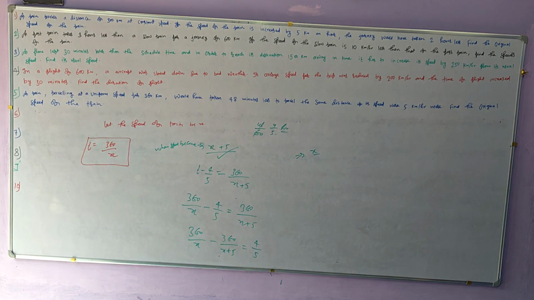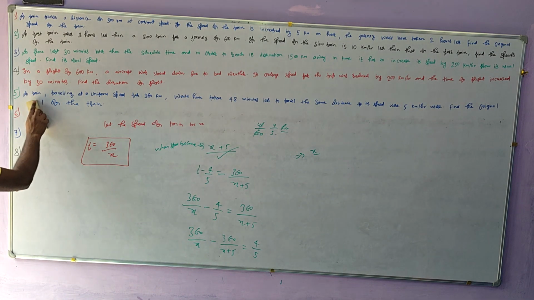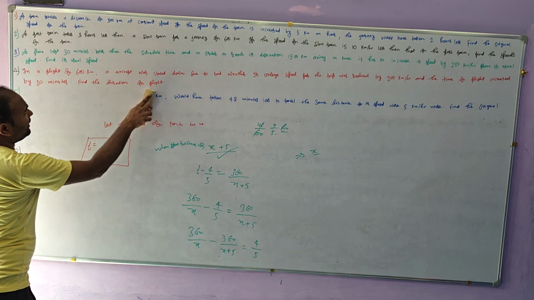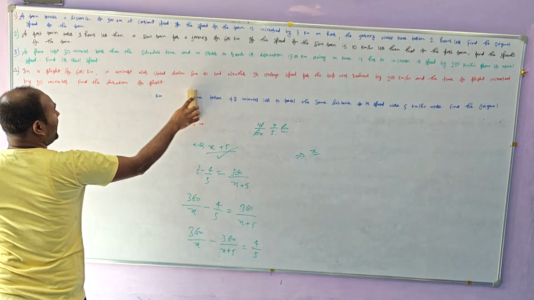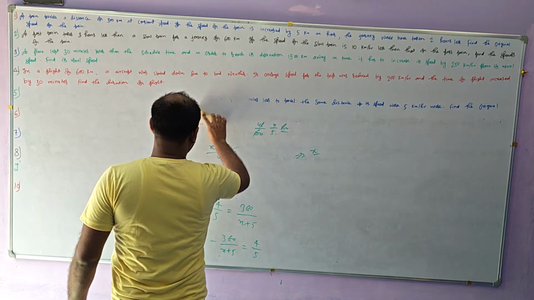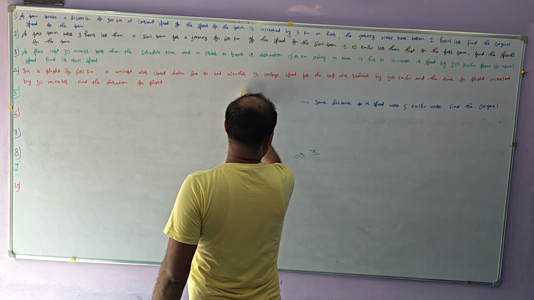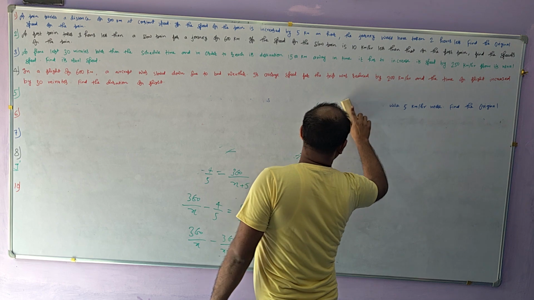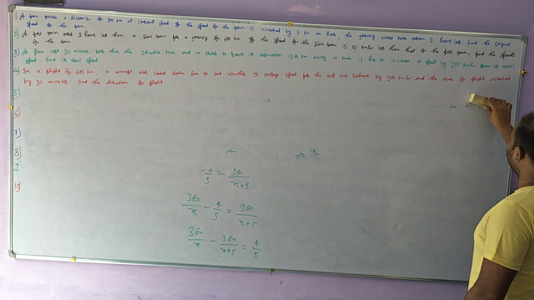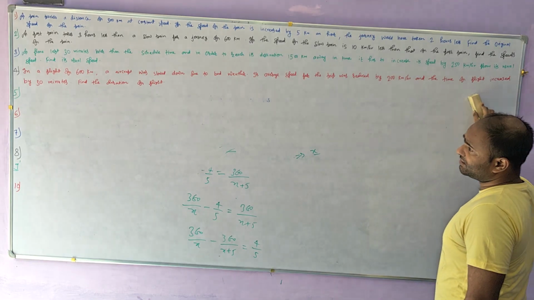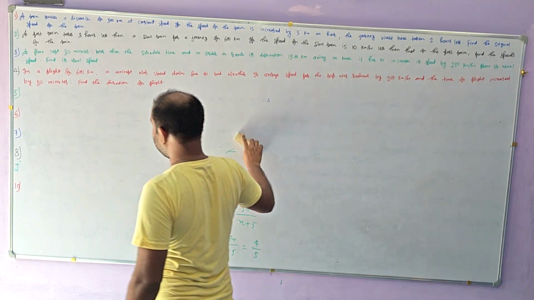Now in another question, in a flight of 600 kilometers, an aircraft was slowed down due to bad weather. Its average speed for the trip was reduced by 200 kilometers per hour, and the time of flight increased by 30 minutes.